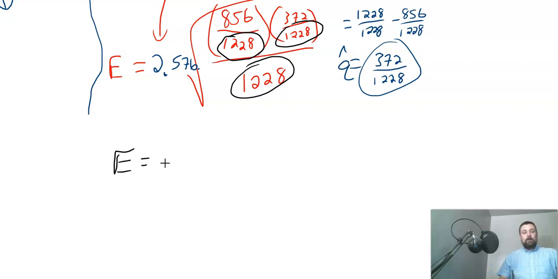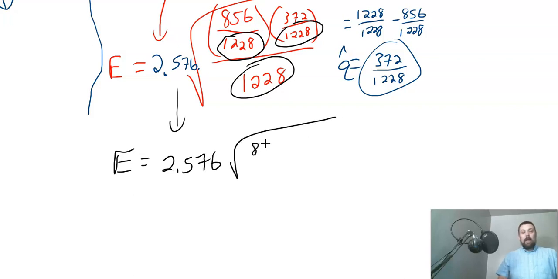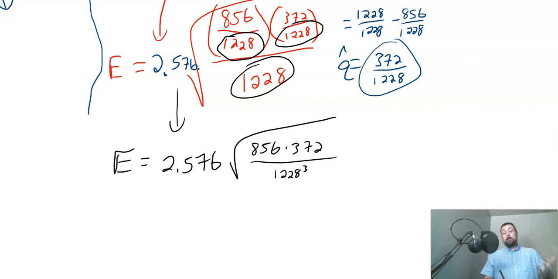So we'll have E equals 2.576, that's the critical value, times the square root. The 856 stays on top, and the 372 also stays on top. Then these three all end up in the denominator, multiplied together, which means I can write it as 1,228 to the third power.